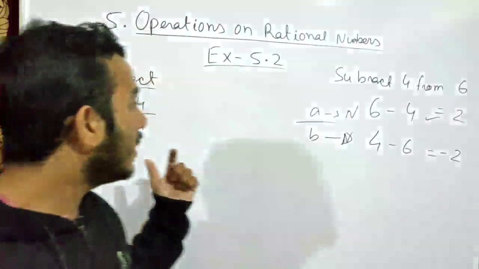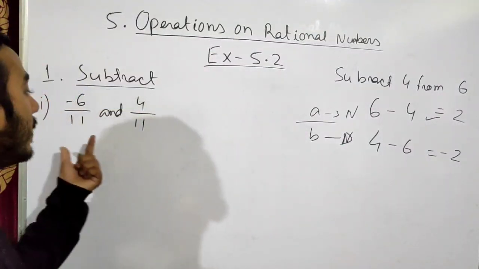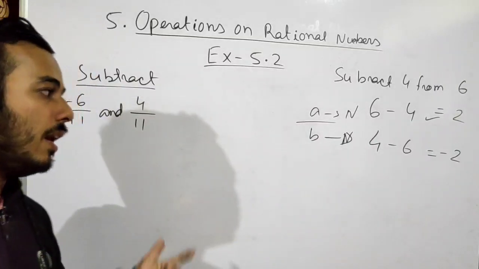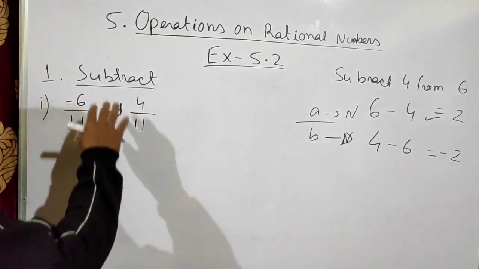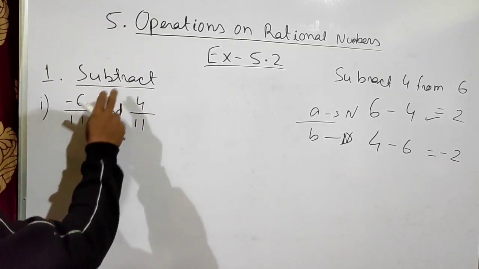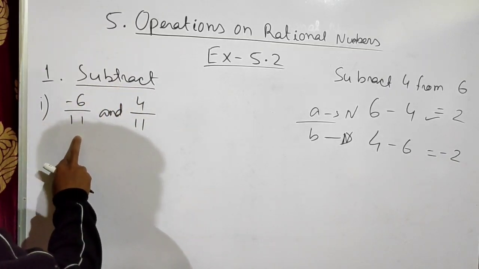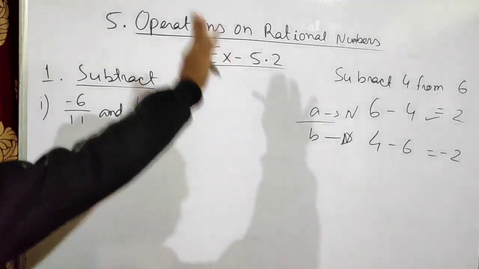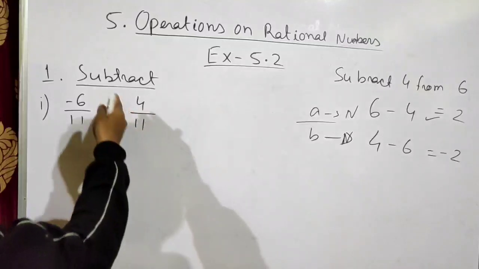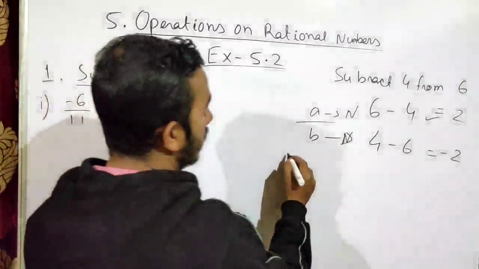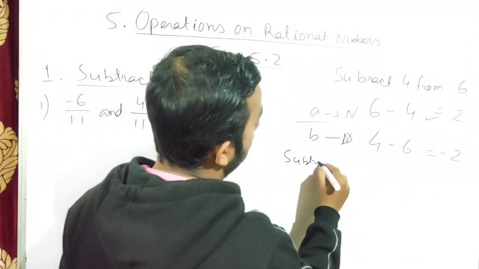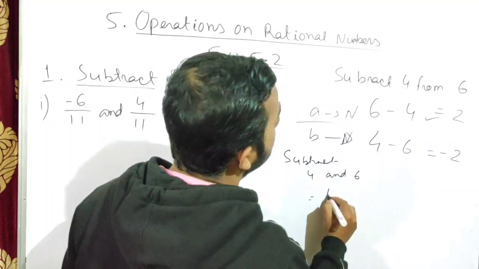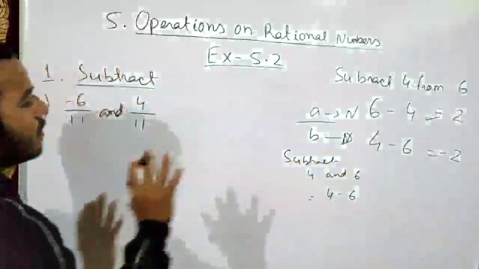So in this case, look here, the denominators are the same. This is 11, this is also 11. So very easy job. Let's subtract. Now here the line is like this, isn't it? Subtract minus 6 by 11 and 4 by 11. Here it is not written from, isn't it? Just like here, subtract 4 and 6 means 4 minus 6.